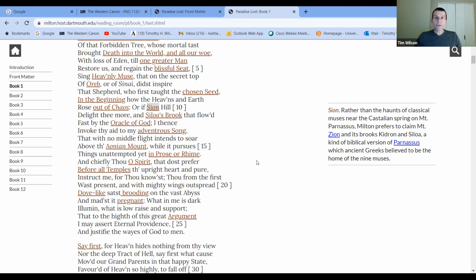But also on a personal level, Milton had gone blind in 1652. And the first draft of this poem was 1667. So he was working on this after he became blind, reciting it to family members, to his daughters. So much like Homer, apparently, according to legends, was blind as well.